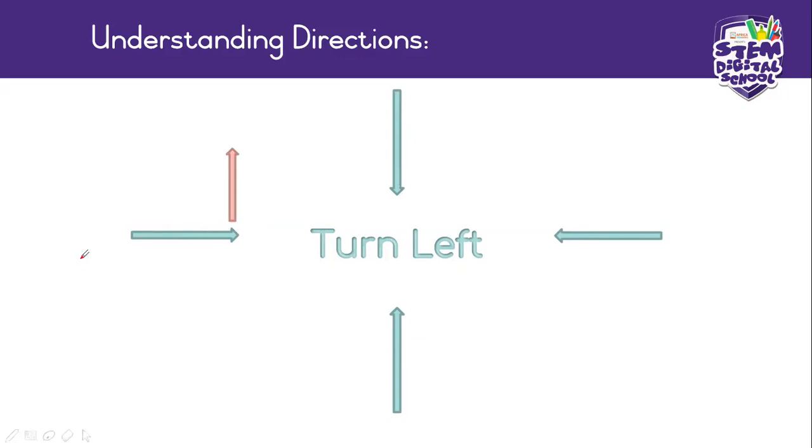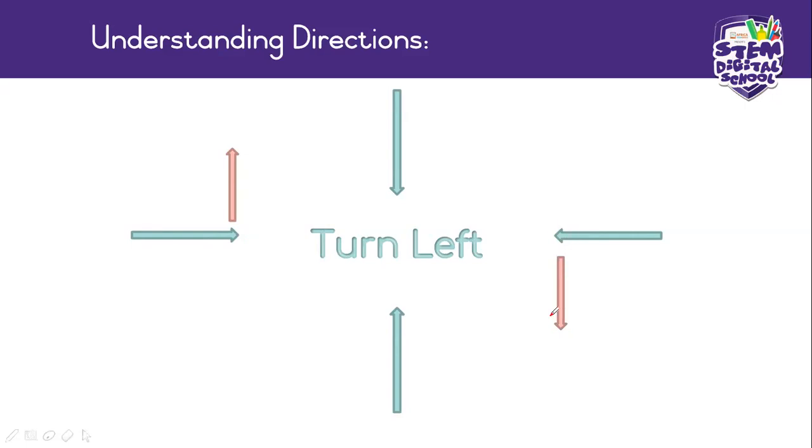Now, if something faces this way and I say turn left, it means you need to turn up. Okay, so it depends on where your character is facing. If we look at this one, if your character is facing this way and I say turn left, then left will be down.